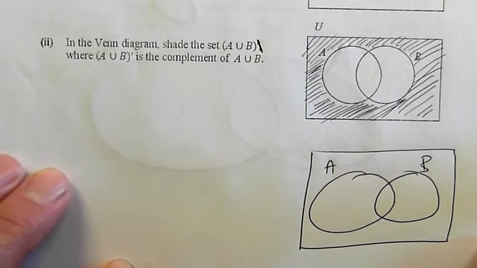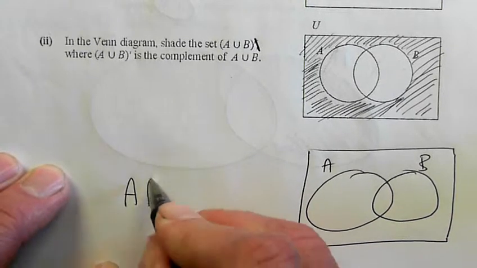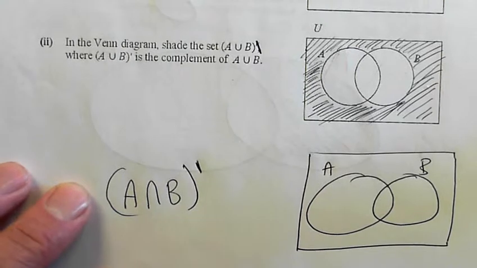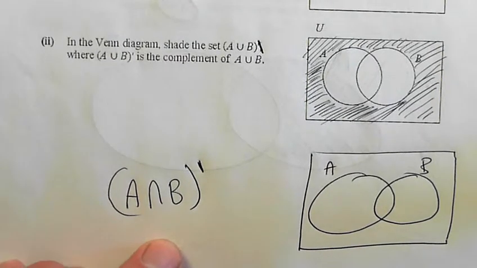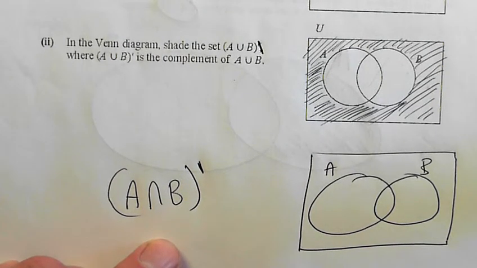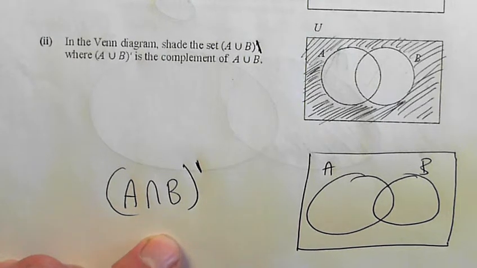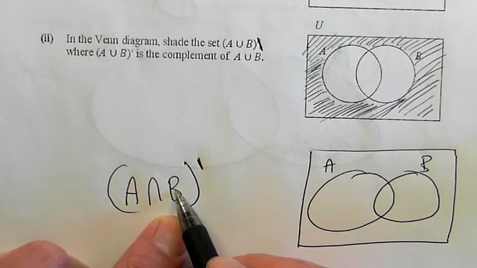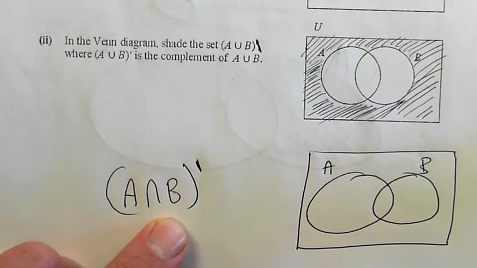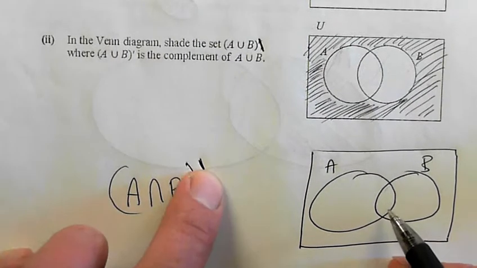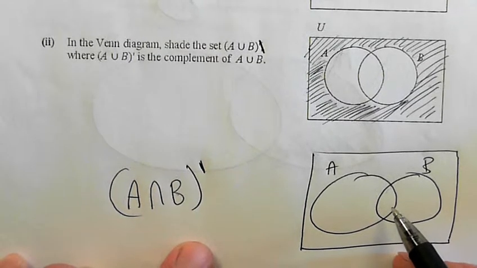Alright, so if I drew another, what does A intersection B less mean? Are you looking up? Should be writing. Are you taking these notes? Yes, sir. A intersection B less means, well, A intersection B is in the middle here, but less means the opposite.